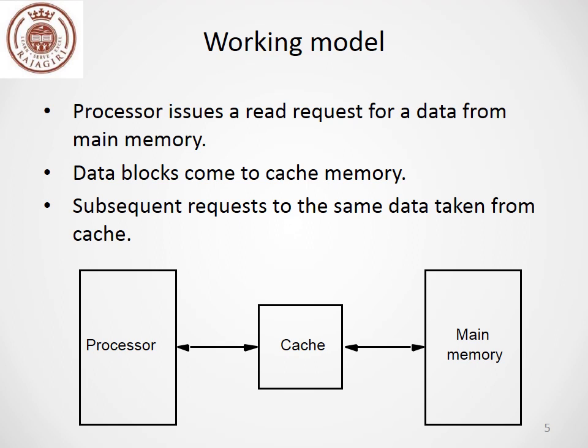Now, what is the advantage of keeping this data in the cache memory? The advantage is that when a request for the same data comes in the future, then we don't have to go to the main memory to read this data again. Instead, the data can be read from the cache memory, which is comparatively nearer to the processor. So the time involved will be less.